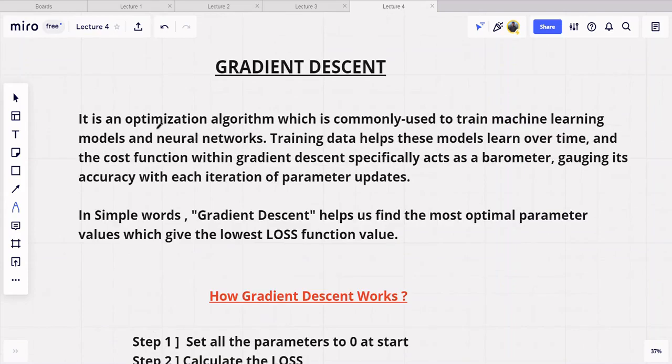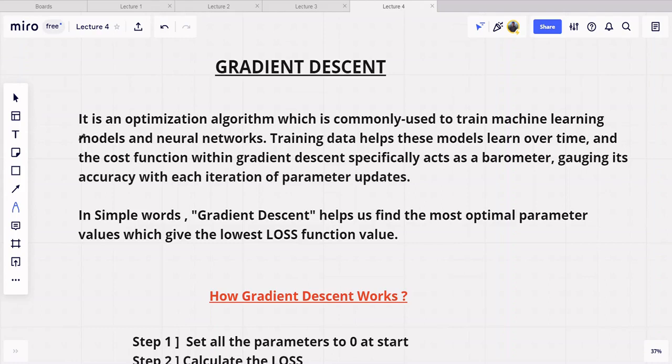Let me explain the official definition. Gradient descent is an optimization algorithm commonly used to train machine learning models and neural networks. Training data helps these models learn over time, and the cost function within gradient descent specifically acts as a barometer, gauging its accuracy with each iteration of parameter updates. In simple words, gradient descent helps us find the most optimal parameter values which give the lowest loss function values.